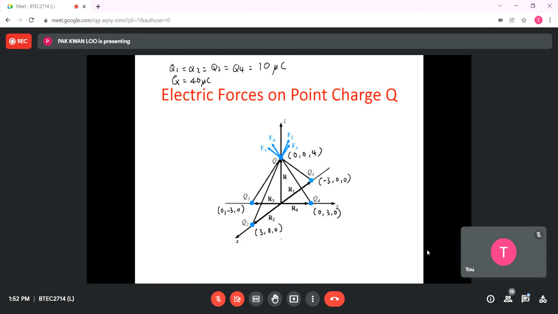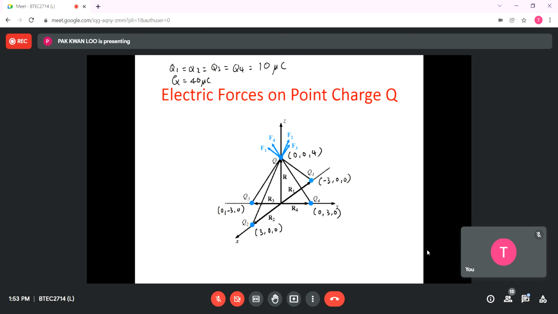Now I want you to find the total force experienced by Q at this point. Based on the formula, you should know by now how to calculate the vector from one point to another.